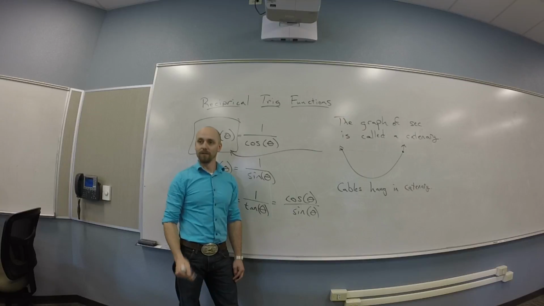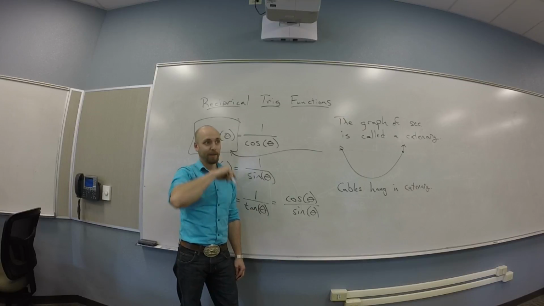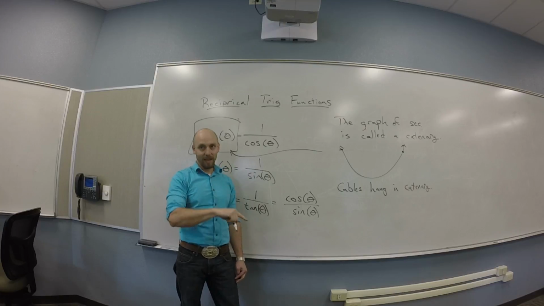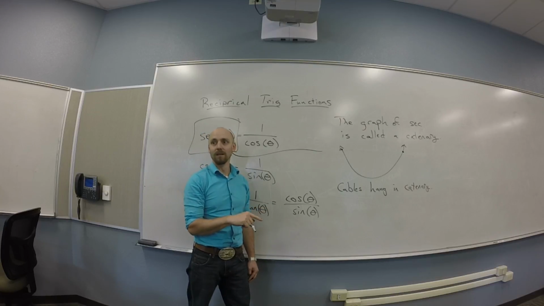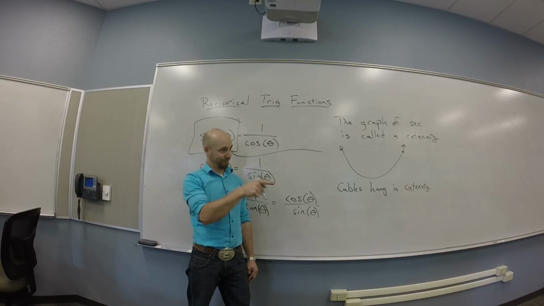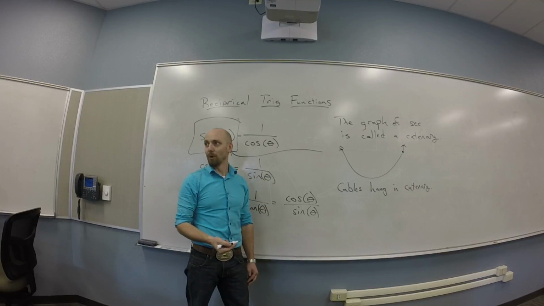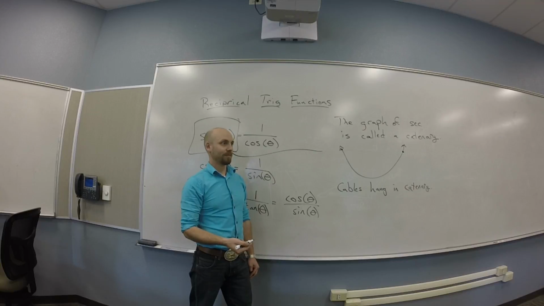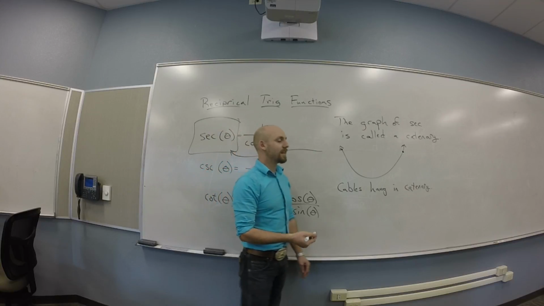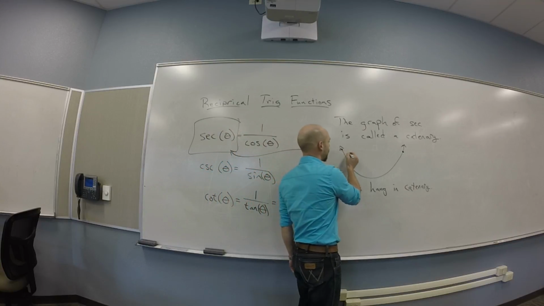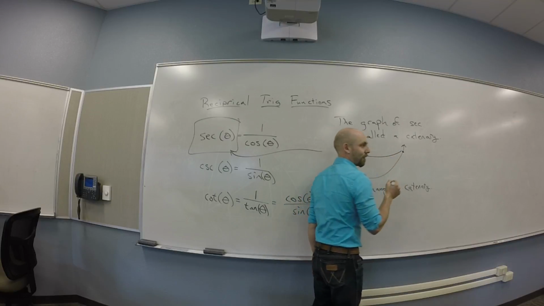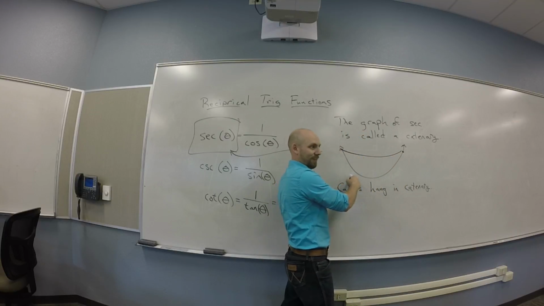Thing 1, a civil engineering thing: if you're hanging cables, they always come in catenary curves. You drive by catenaries a million times a day, because we hang cables from poles a lot. Sometimes they look like this and sometimes like that.